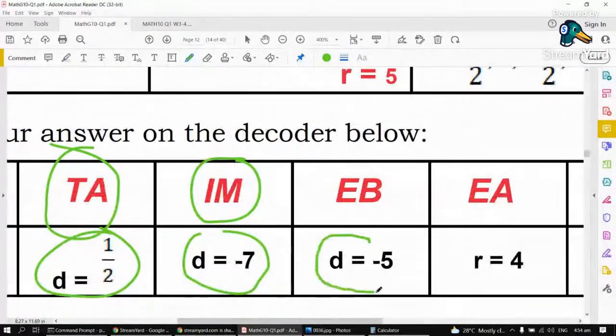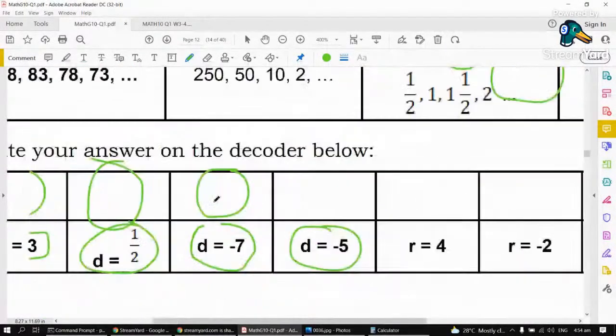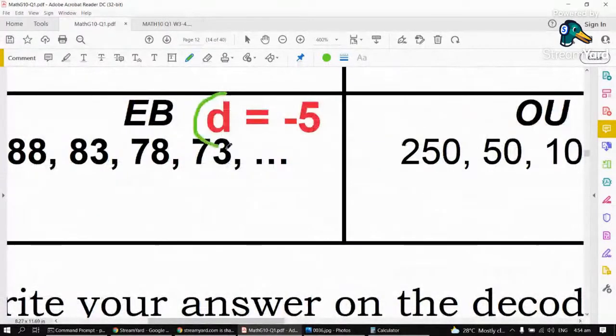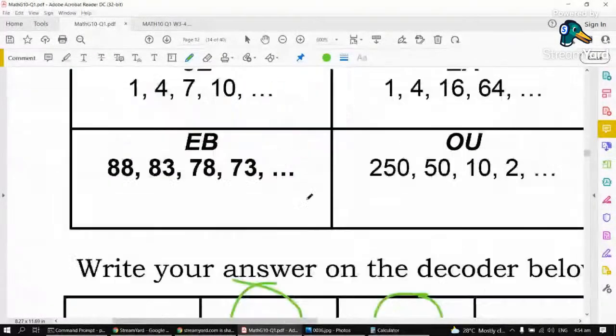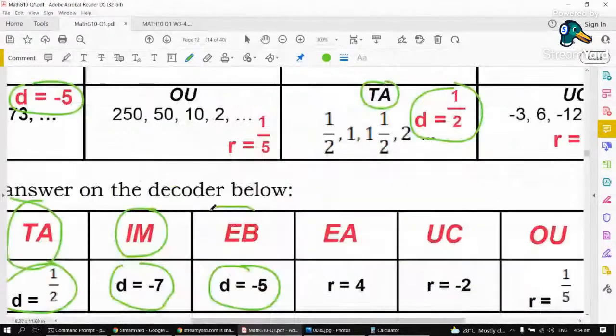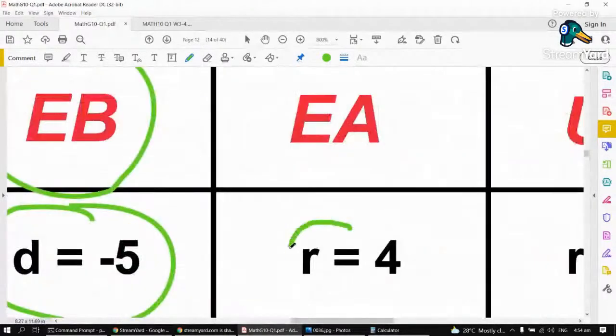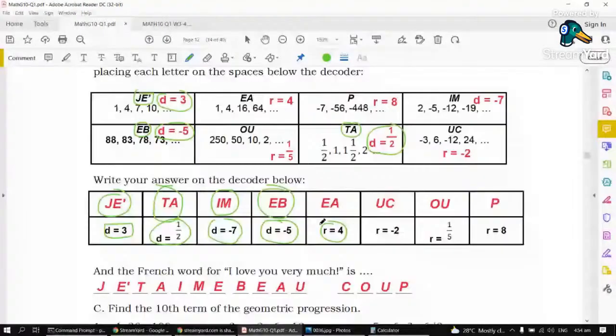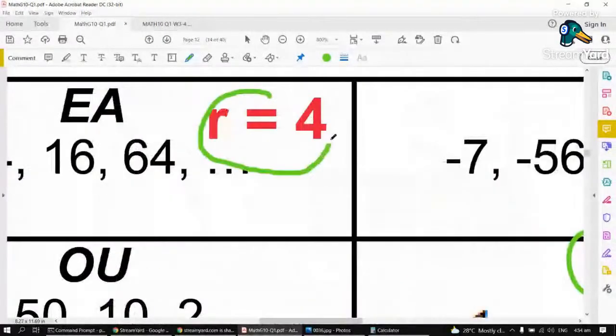Next, common difference is negative 5. Hanapin natin na ng common difference. Ito yung common difference is negative 5. Ang letters dun is EB. Ayan, EB. Next, common ratio is 4. Ito, common ratio is 4.